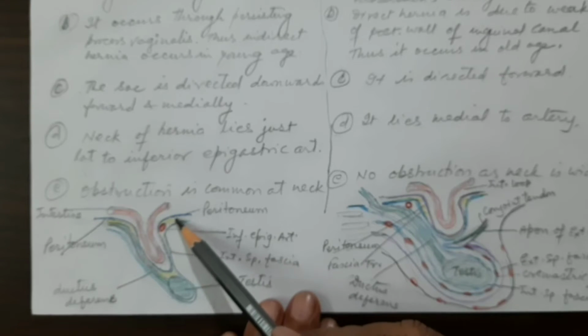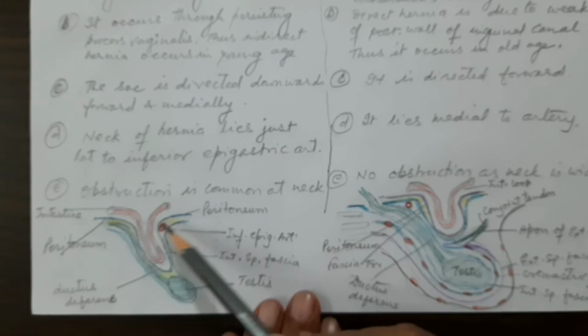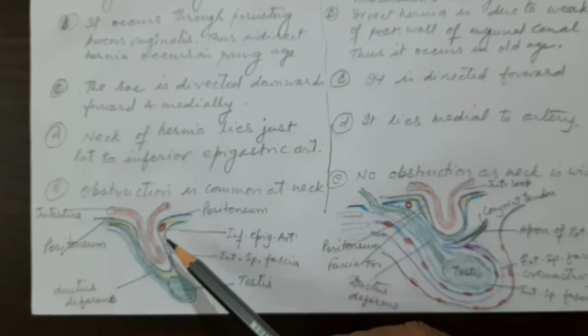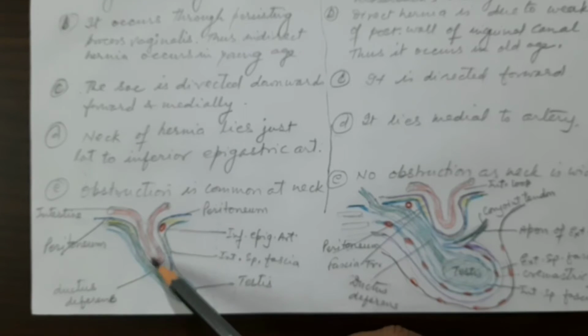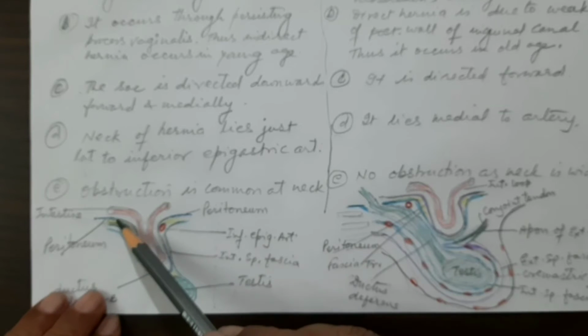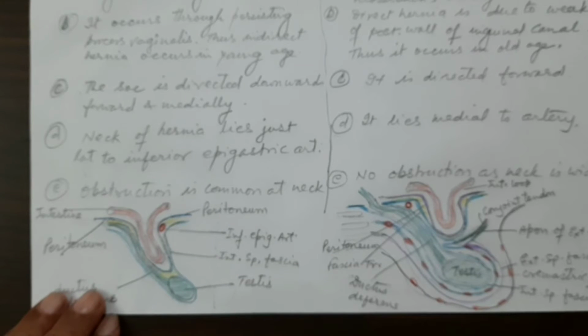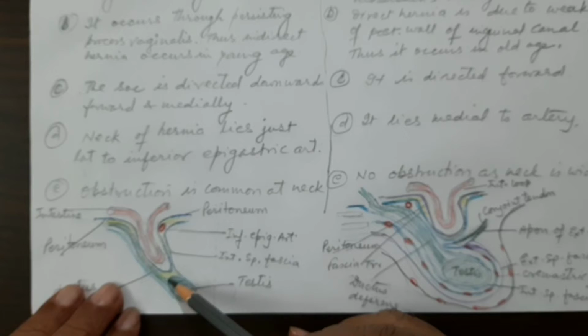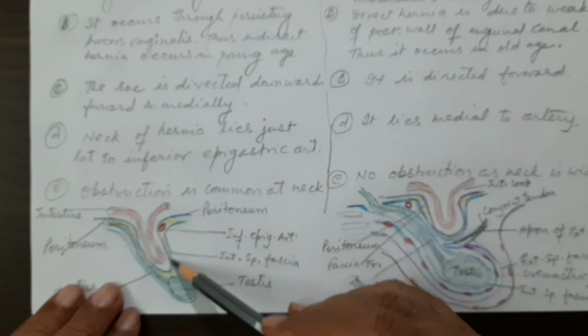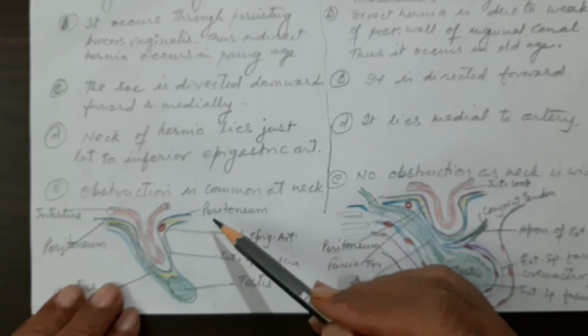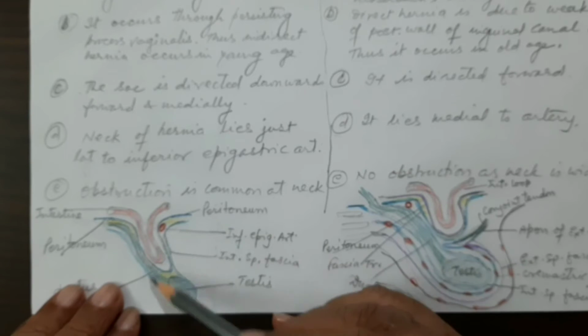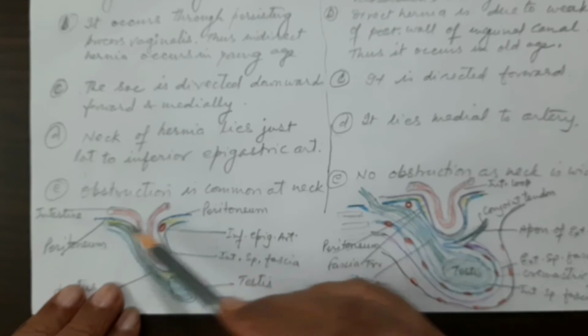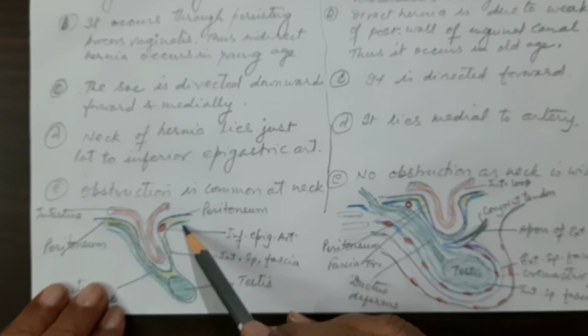Outside the peritoneum, this yellow color which I have put here is nothing but the extraperitoneal tissue, usually the adipose tissue. And this is the testis, which is covered by the internal spermatic fascia, which is a continuation of the fascia transversalis.